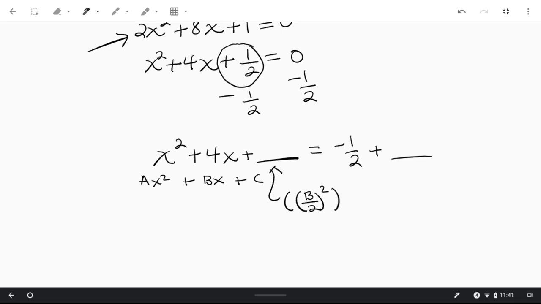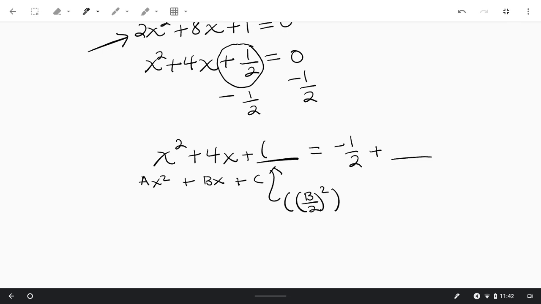Okay, so here in this case, b is 4. So we're going to take half of 4, which is 2. And then we're going to square it, right? Okay, so that becomes 2 squared, right? I'm going to write it as 2 squared over here.